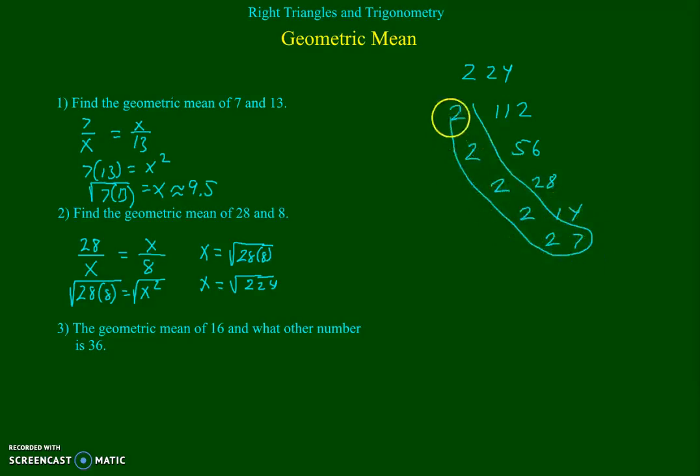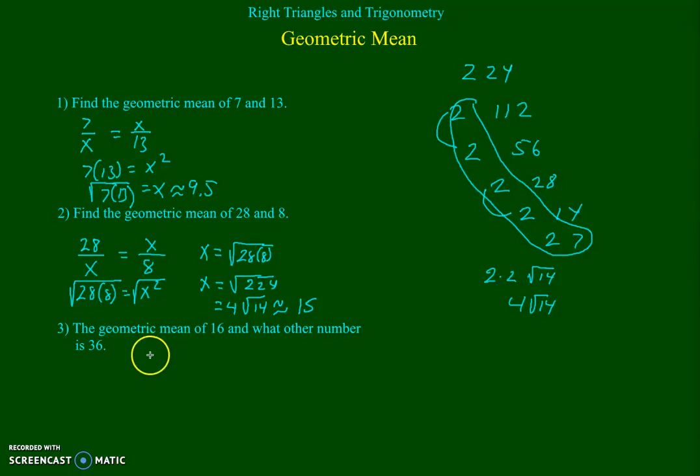So there are our prime factors. 1 pair, 2 pair, 2 times 2 is 4, so that's 4 square roots of 14. So this is 4 square roots of 14, which is approximately 15.